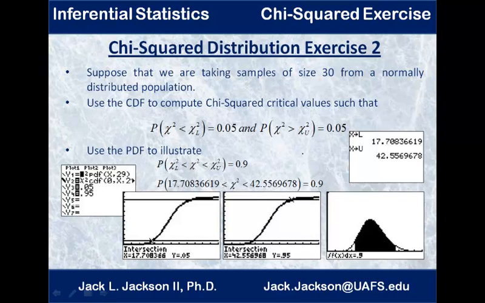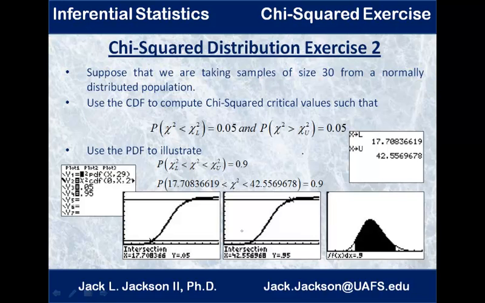And you can kind of see it on the picture. Between these two places where it crosses is my region where I'm going to have a probability of 0.9. And to the right of the top intersection, and to the left of the intersection down here on the bottom, each of those areas is 0.05.